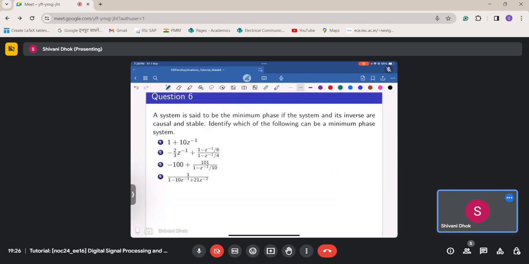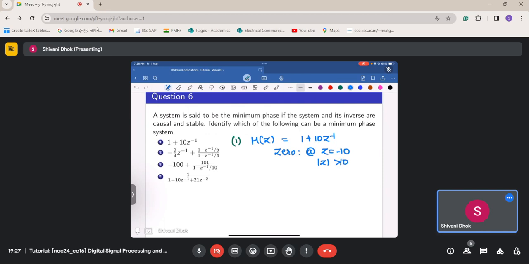So for the first one, we have H of z as 1 plus 10 z inverse. So if you observe carefully here, we have a zero at z equal to minus 10, and the magnitude of z is greater than 10.